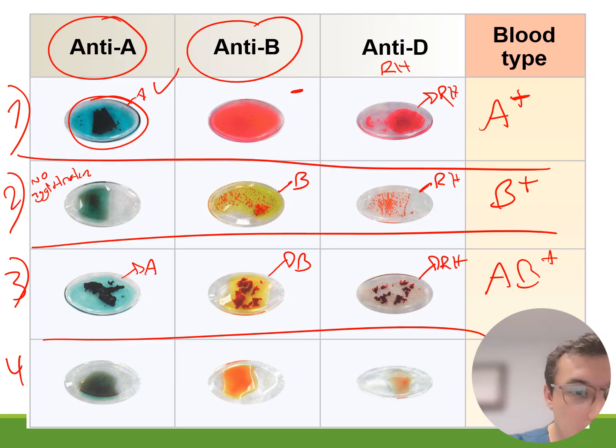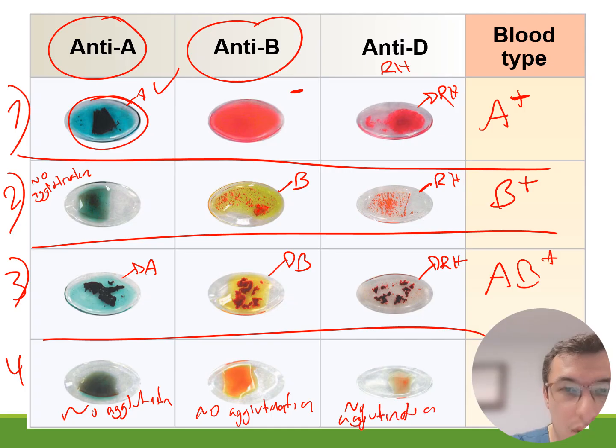Here, no agglutination, here no agglutination, and here no agglutination. So if you don't have agglutination, then there is no A, no B, and no Rh. So this will mean that this is O negative.